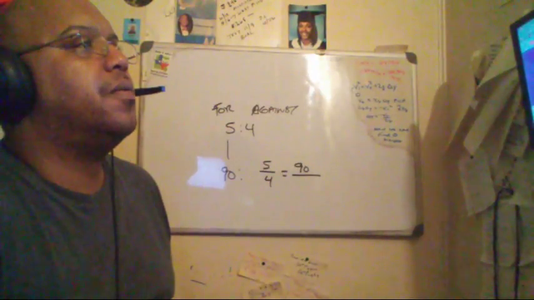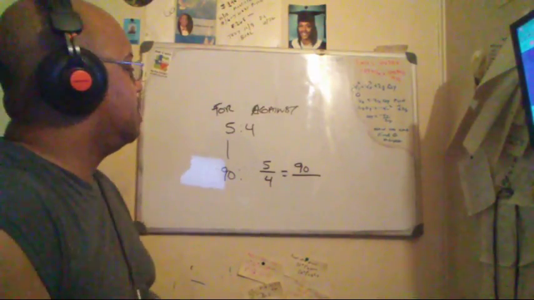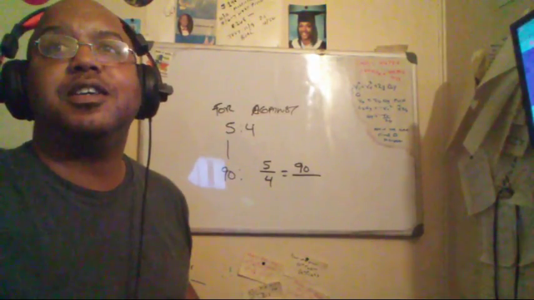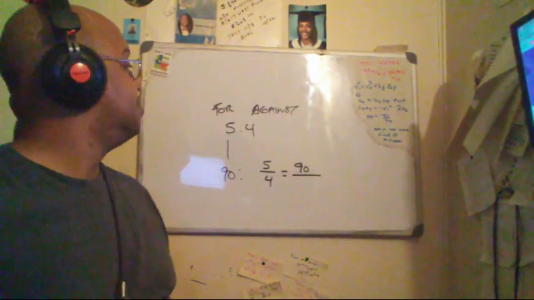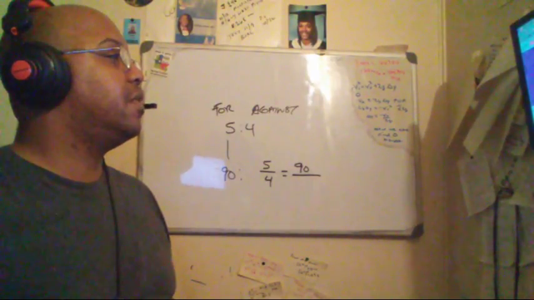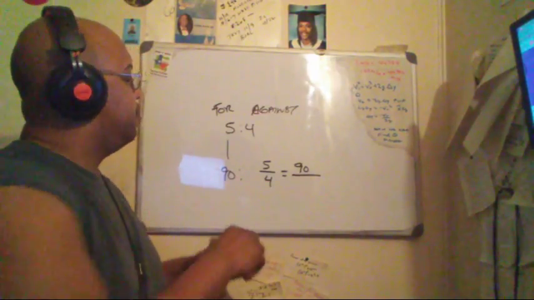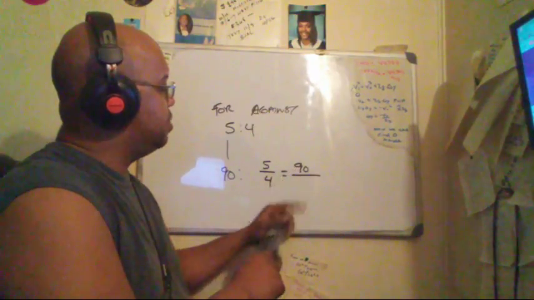Okay. 40, 50, 90, 66, and 72. So what I would do is, let me just check myself here, because the trolls will come and get me if I don't do this right. So what we do is we multiply 4 times 90.